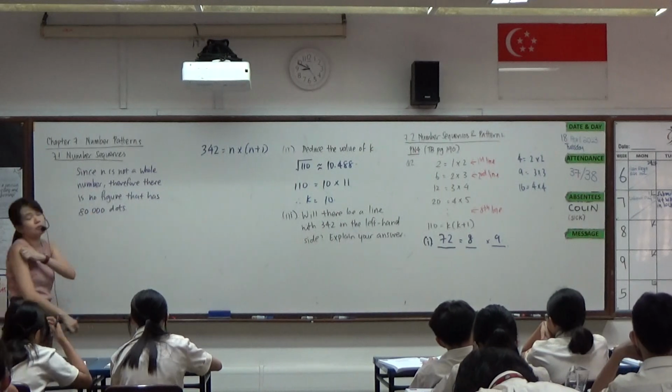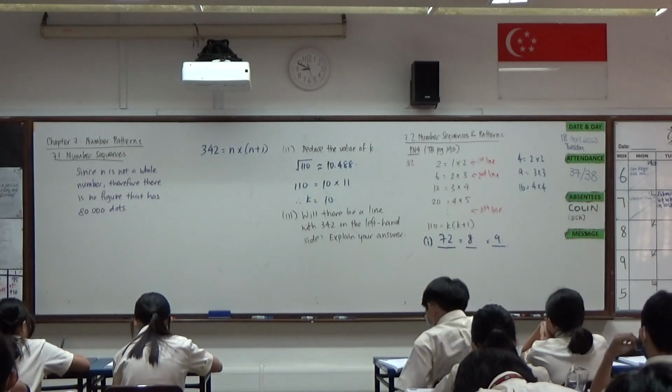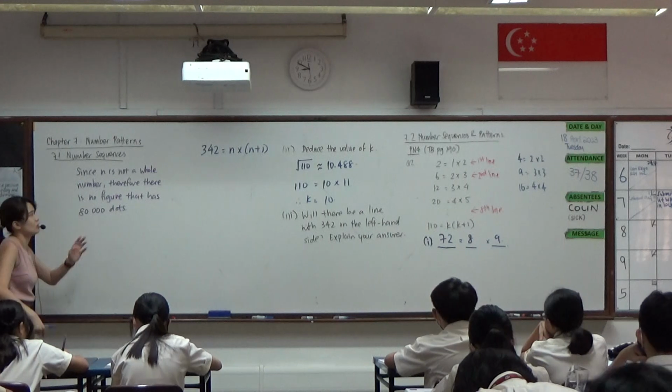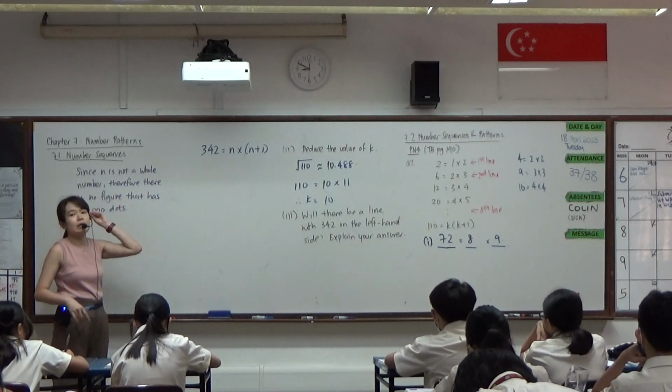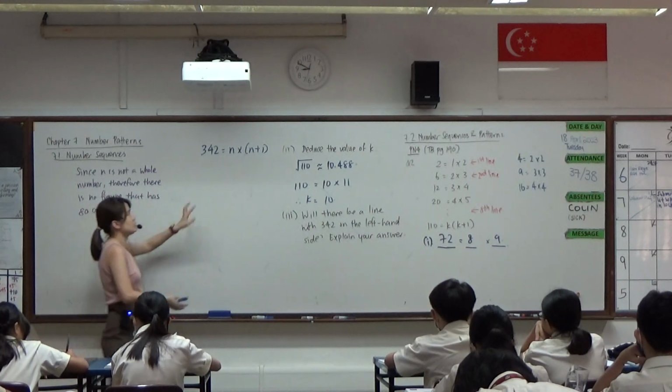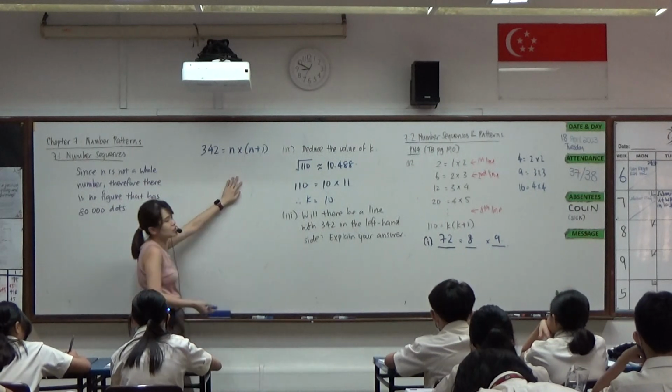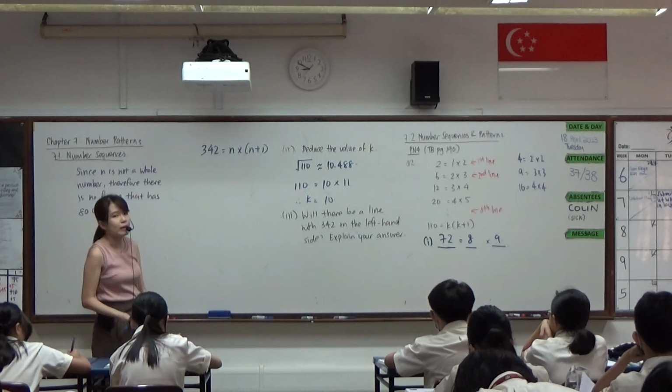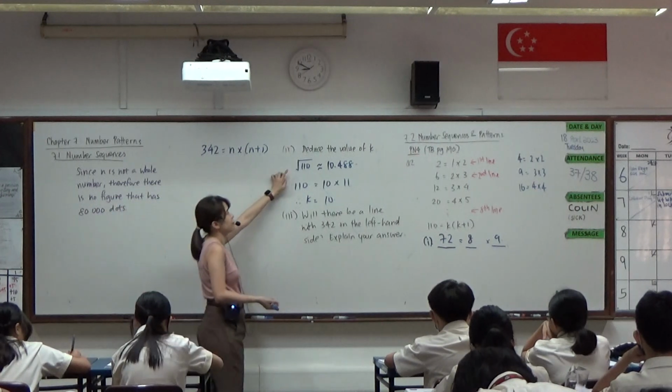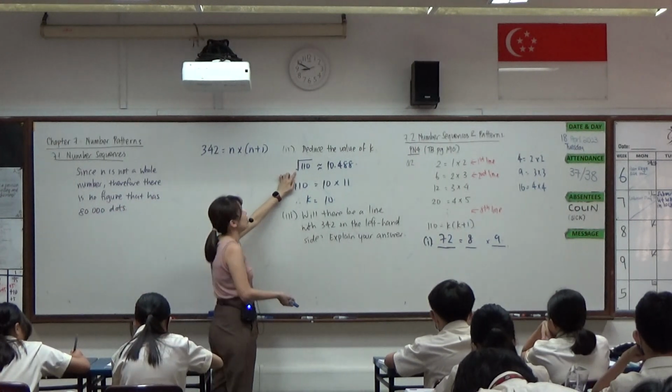You can solve it when you go up to Sec 2, or maybe sometimes Sec 3, depending on how it comes out. But at this juncture, we don't have that skill to solve such an equation. So an easier way to get around it is to use this square root idea.